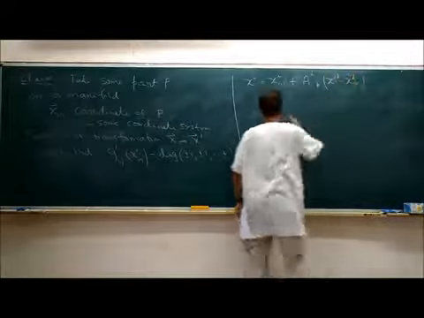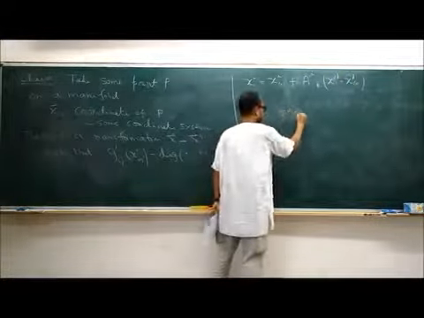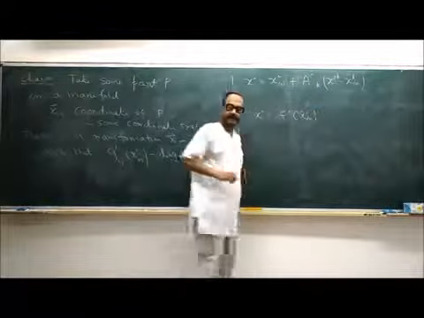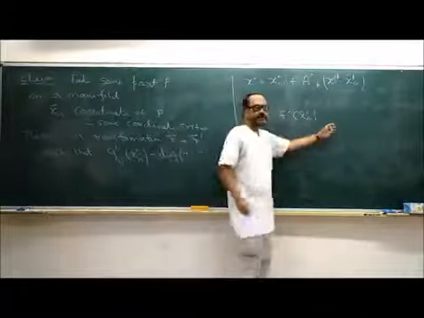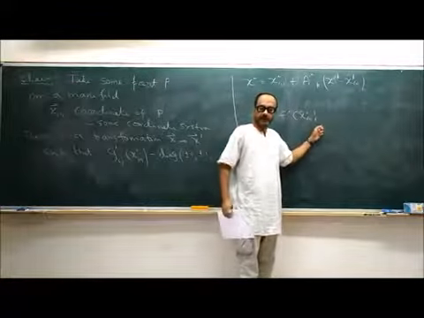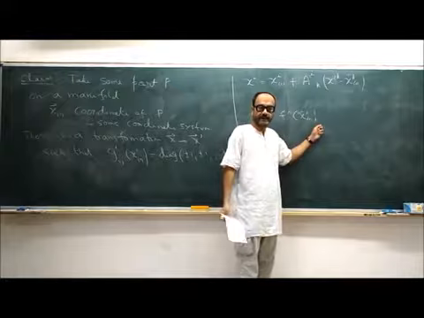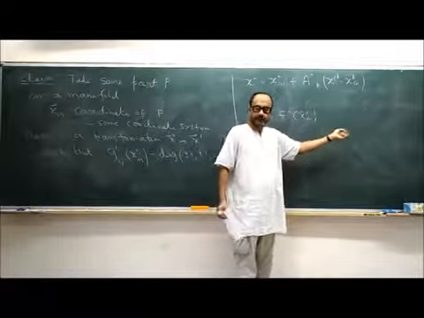Let me see. x_i is some function of x prime, you would agree? Now we are saying that we will expand this function around x prime naught. x prime naught is the point, and physically x prime naught is the coordinate of the point P. We want to expand around x prime naught.